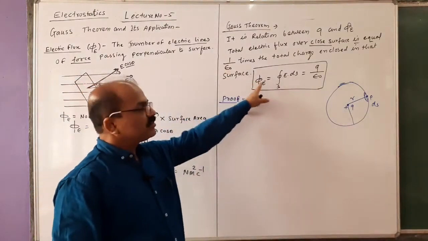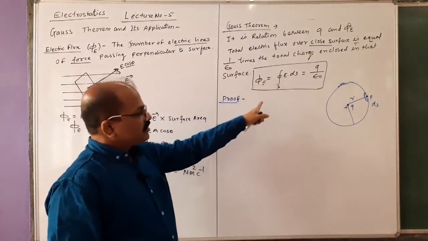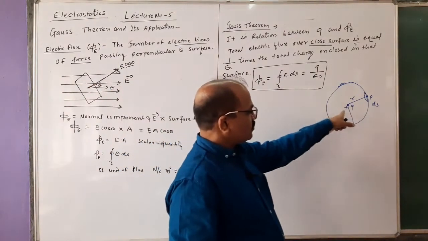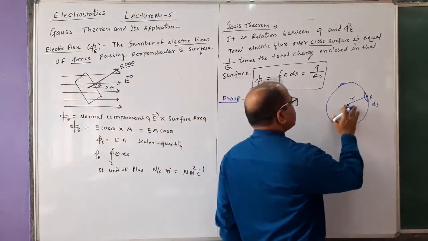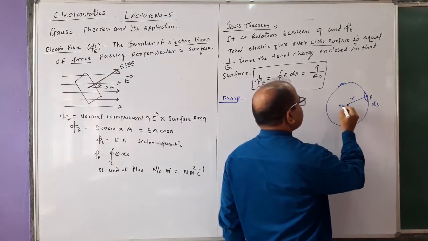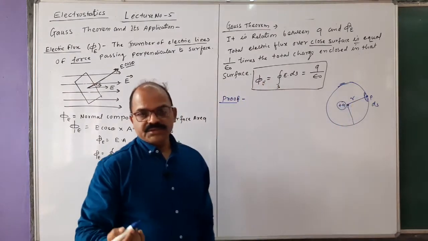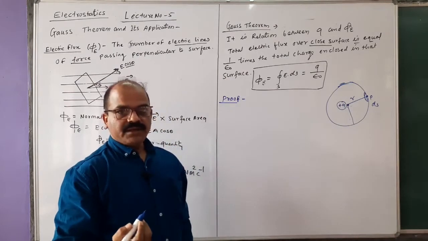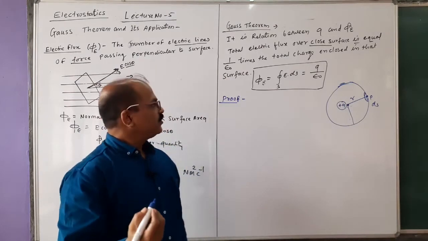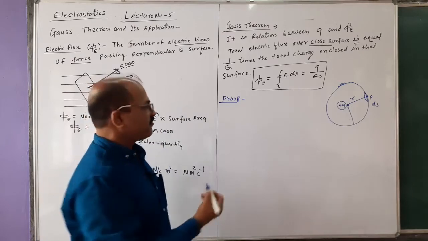We are deriving the proof of this theorem. Consider a positive charge placed at the center of a sphere of radius r, and P is a point on the surface of the sphere, where we have to find the electric field.